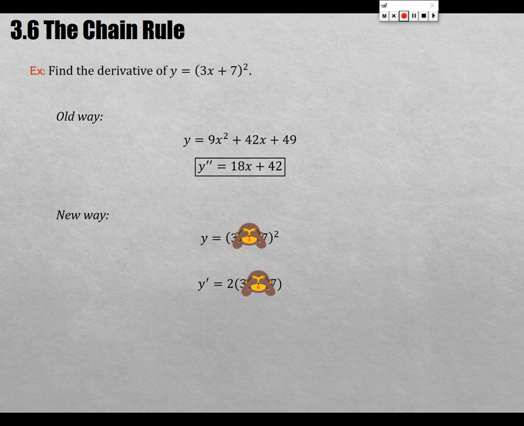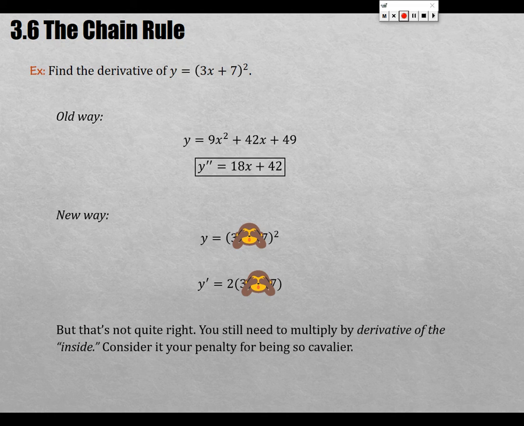No, but of course that's not correct. In fact, you know that's not correct because that is not this. y prime is 18x plus 42. It's not 2 times (3x plus 7).